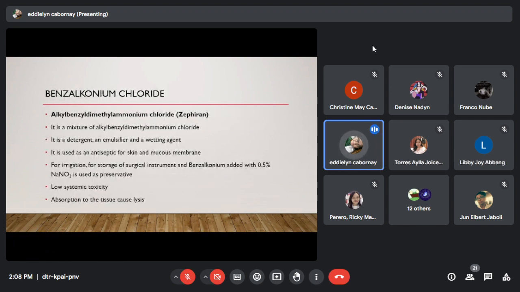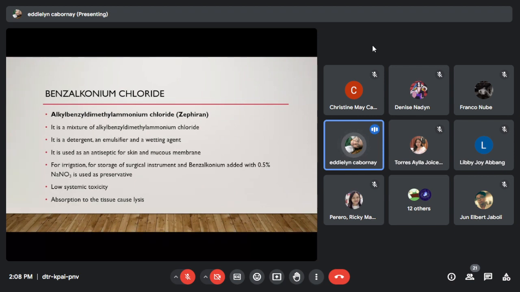So we have benzalkonium chloride. It is also known as alkyl benzyl dimethylammonium chloride or Zephiran. It is used as a detergent, emulsifier, and wetting agent.